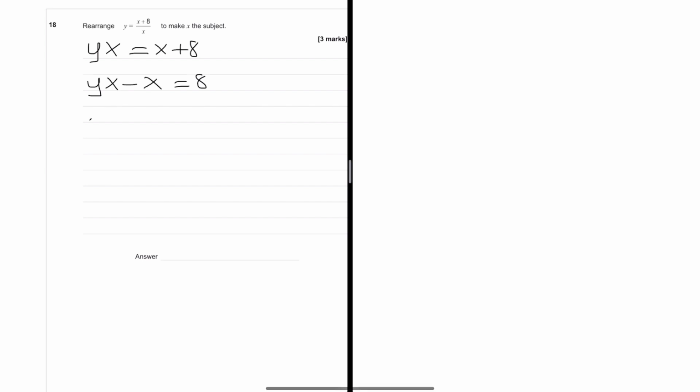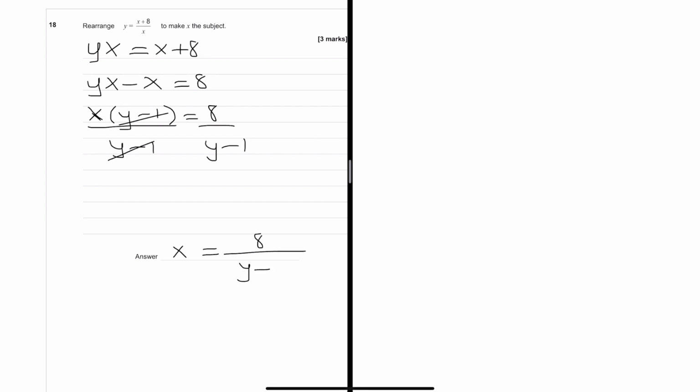We can then factorize, so we have x(y minus 1) equals 8. And so if we divide both sides by y minus 1, then we just cancel on this side, and we get that x is equal to 8 over y minus 1.